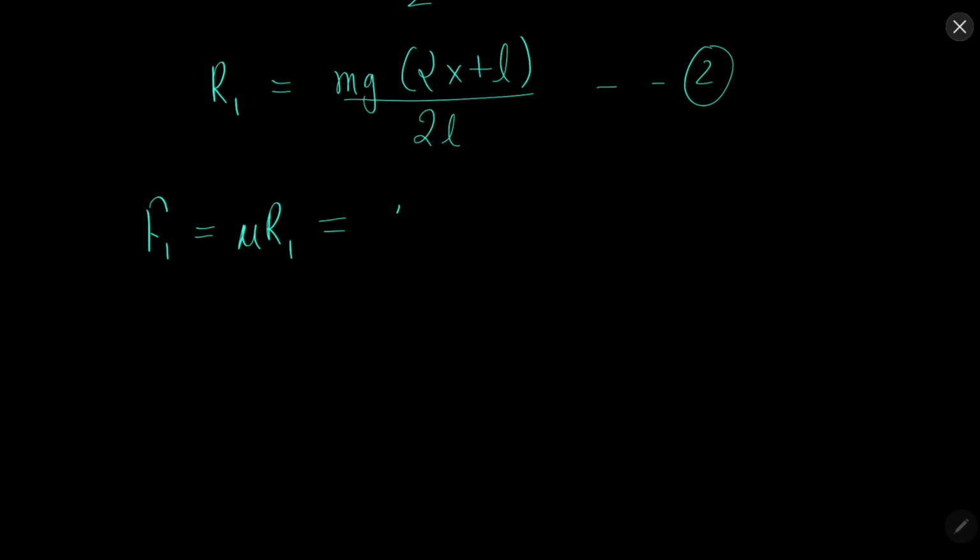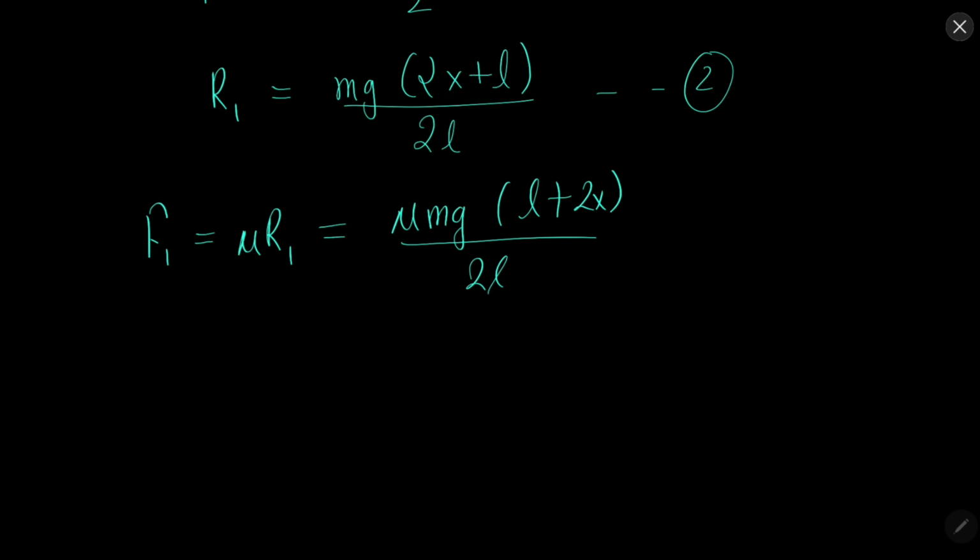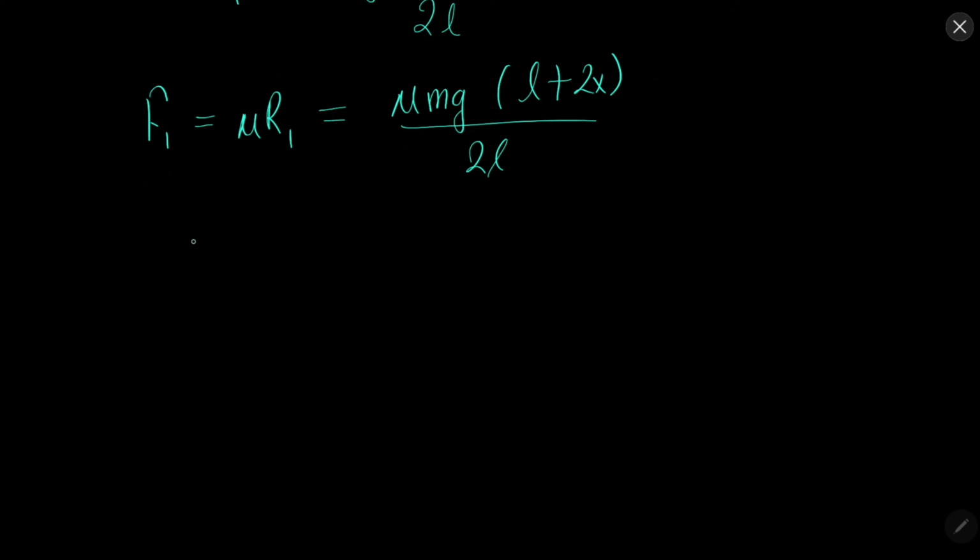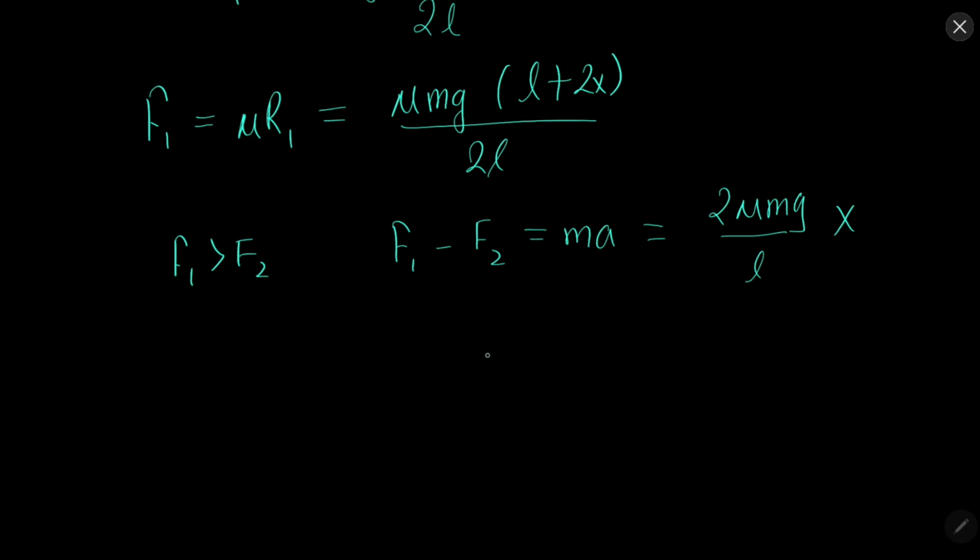F1 is mu R1, mu mg (L plus 2x) over 2L. F1 is greater than F2. F1 minus F2 equal to ma, 2 mu mg over L x.